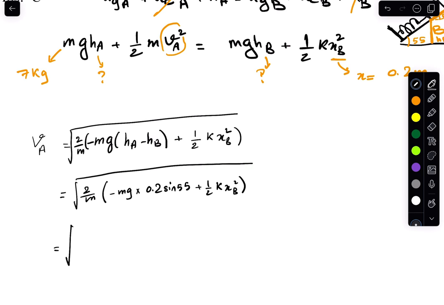And the rest will basically be just some substitution. The mass is 7 kilograms. Pay attention, the mass here and here, they do not cancel out because I have a plus sign here.